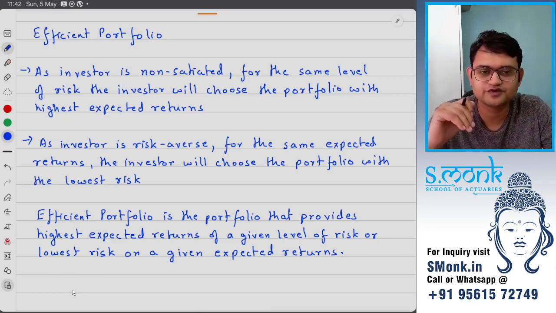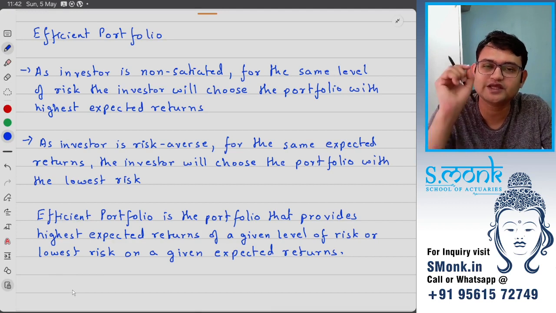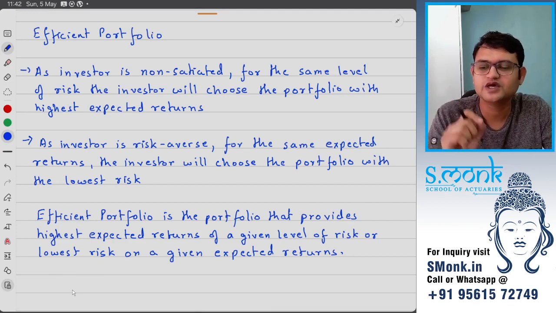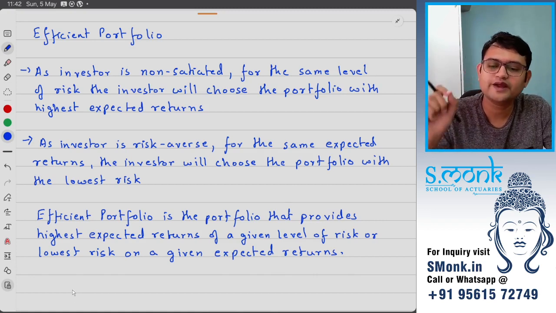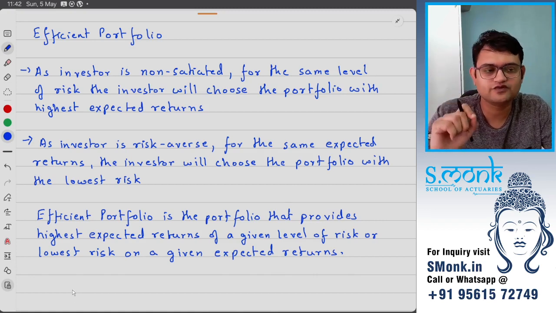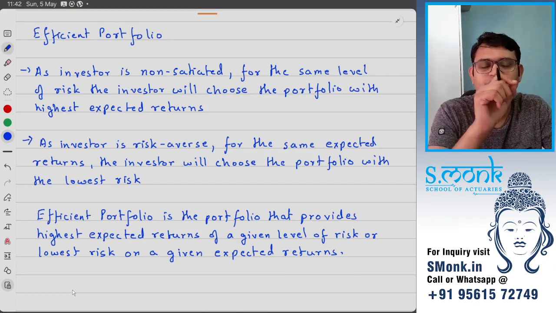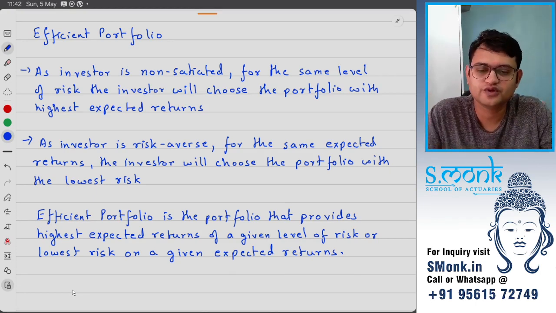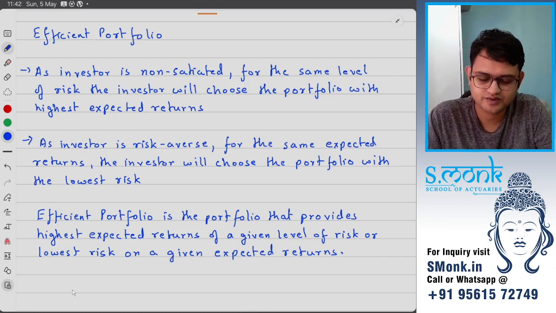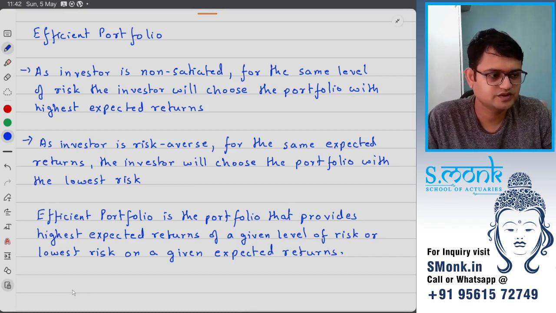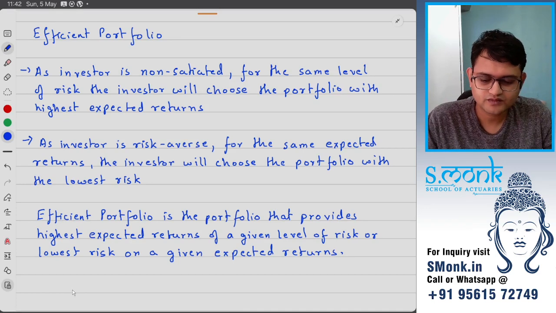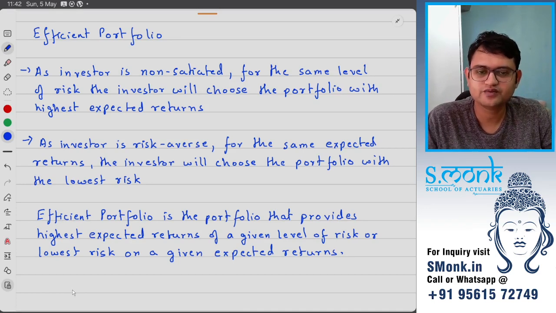For each level of risk, if I fix one of these, whatever I am fixing, the other will give me the efficient portfolio. Does everybody understand what this is?